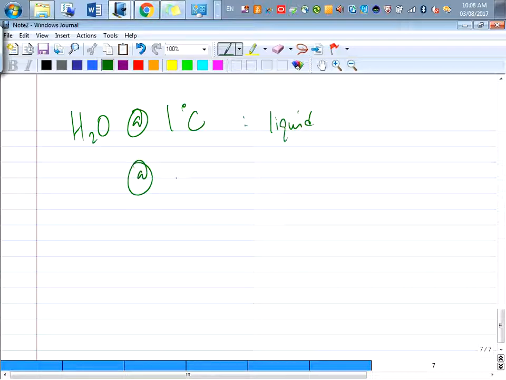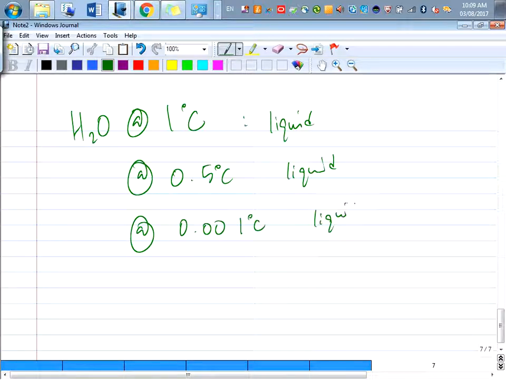What about at 0.5 degrees Celsius? Still liquid. At 0.001 degrees Celsius? Okay. When it goes down to 0 degrees Celsius, what is the state now?